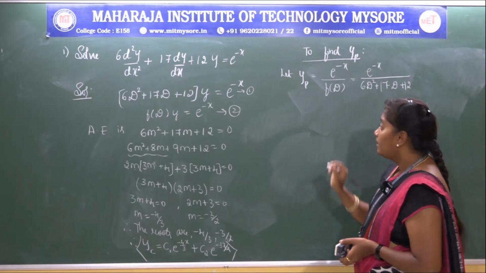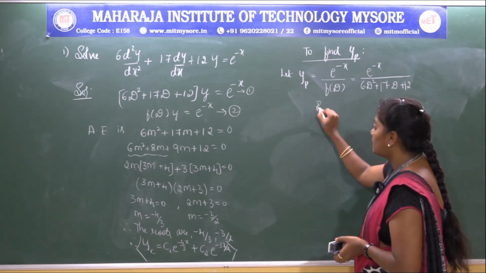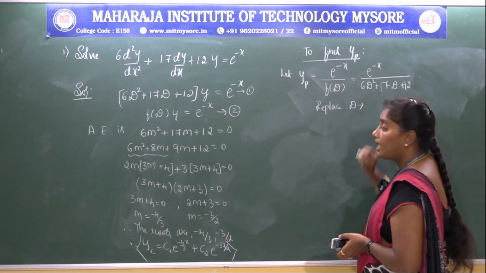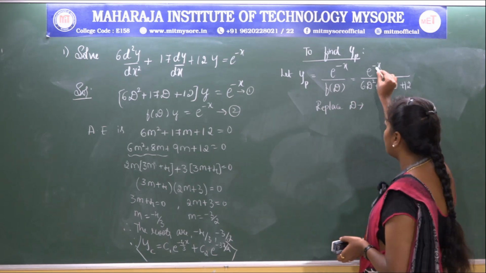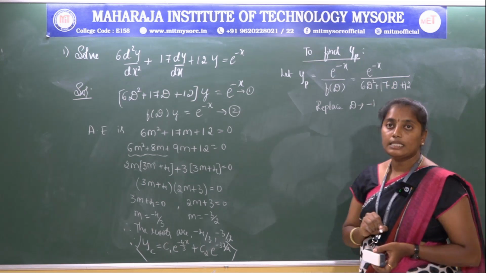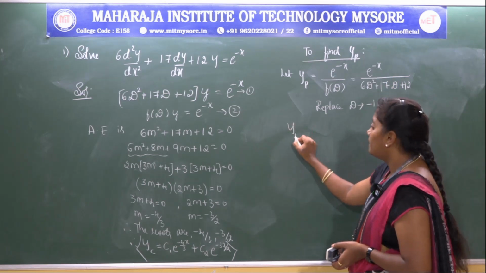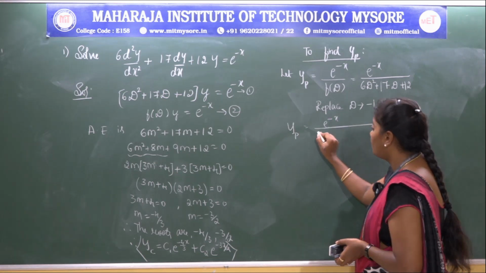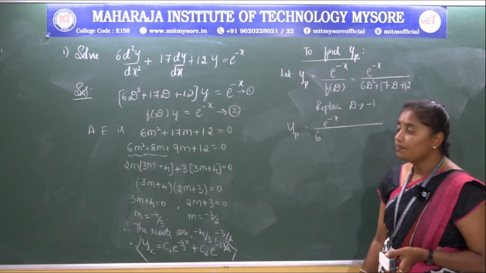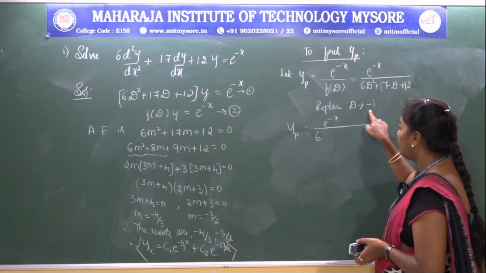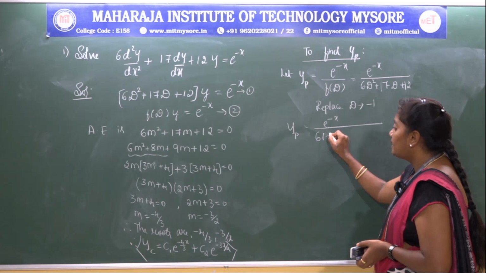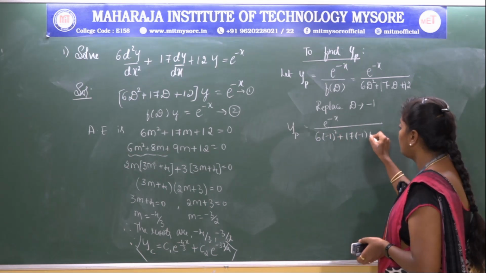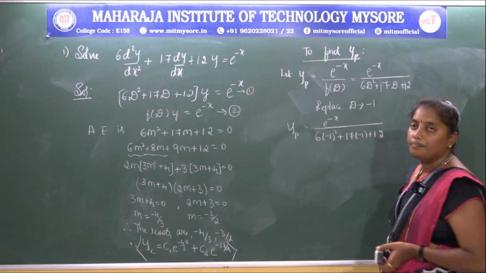What is the first step? First step, we have to replace D by a. What is the value of a here? a is equal to minus 1. Then yp is equal to e to the power of minus x whole divided by 6 into, on replacing D by minus 1, we get minus 1 whole square plus 17 into minus 1 plus 12.